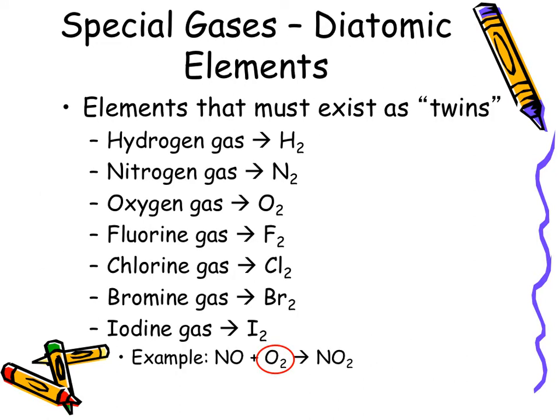You'll notice on the other slide that we had Cl2. You might be asking, well, how did I know it was Cl2 instead of just chlorine? Well, we have these special gases, diatomic elements. These are specific elements that have to exist as twins. So anytime you see any of these elements, hydrogen, nitrogen, oxygen, fluorine, chlorine, bromine, or iodine, I like to call this Brinkelhoff.